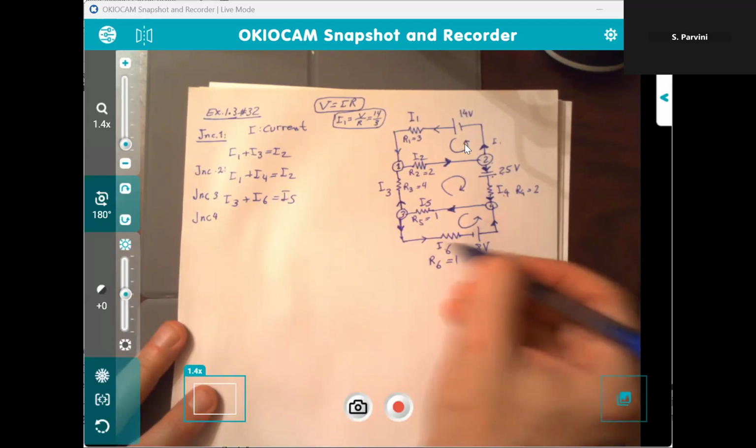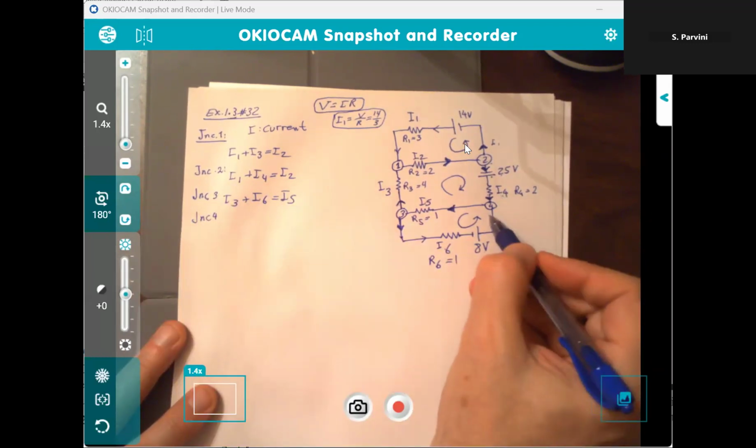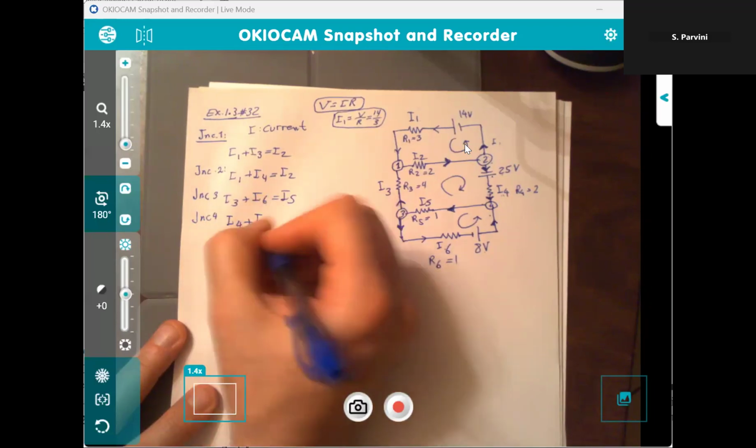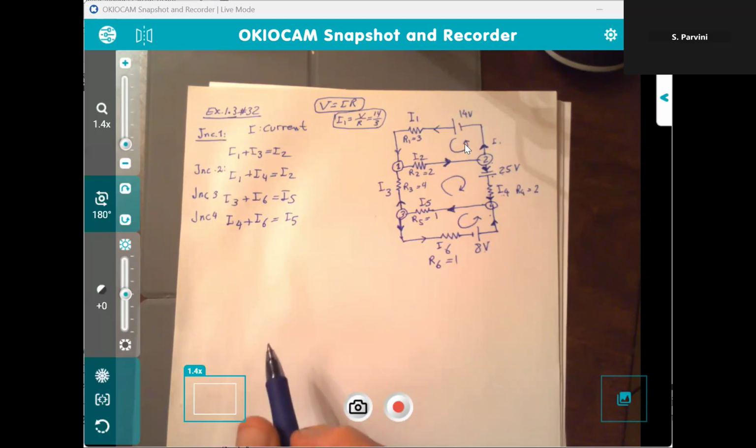I6 is feeding through, and I4 is feeding it. So would it be I4 plus I6 equals I5? Does that make sense? Yes.